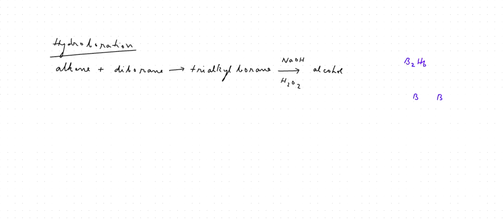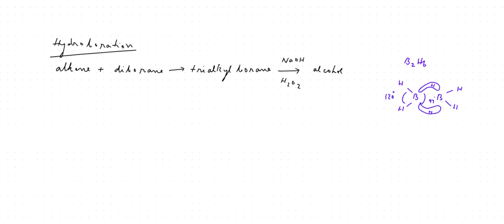Two hydrogens are attached to each, and the two more hydrogens are bridging hydrogens between this boron and this boron. This bond is called a banana bond. The angle between these two hydrogens is 120 degrees, but the angle between these two banana bonds is 97 degrees.